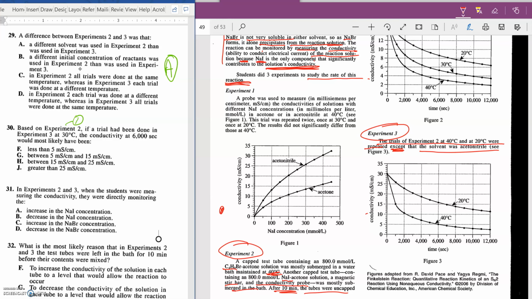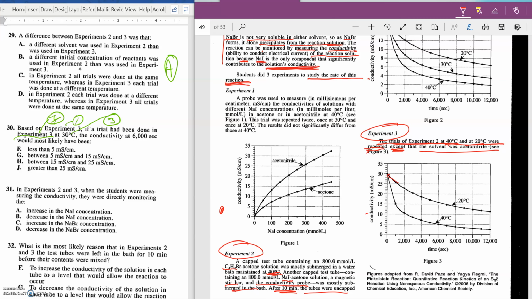If a trial had been done in experiment 3, so I have to find experiment 3 at 30 degrees. Experiment 3, so experiment 2 was repeated. That's what it says. The trials of experiment 2 at 40 and 20 were repeated. Okay, so we know that experiment 3 just is experiment 2.